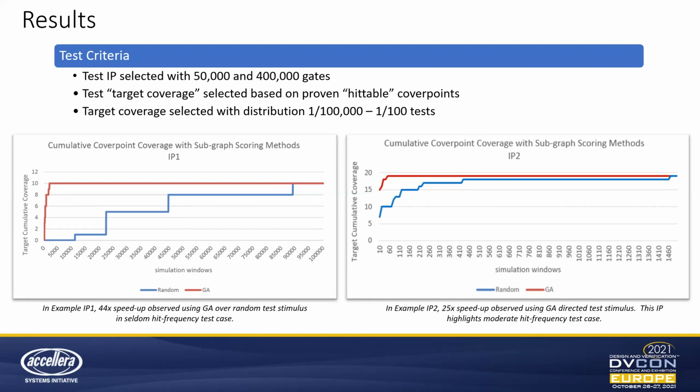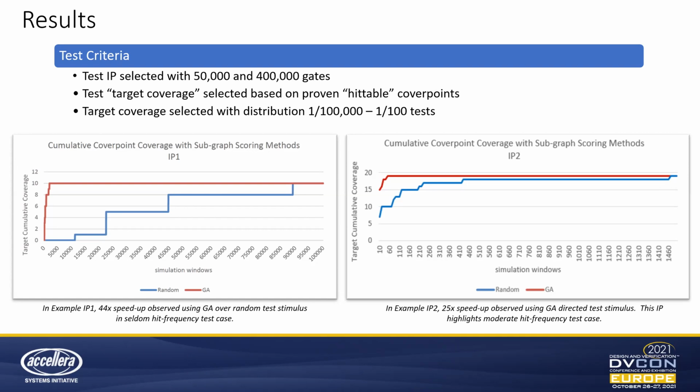In the results shown, cumulative coverage is plotted on the y-axis with simulation windows on the x-axis. The x-axis being simulation effort. In IP1, on the left-hand side, the blue line represents a baseline random test, so typically reseeded to hit these coverage goals.